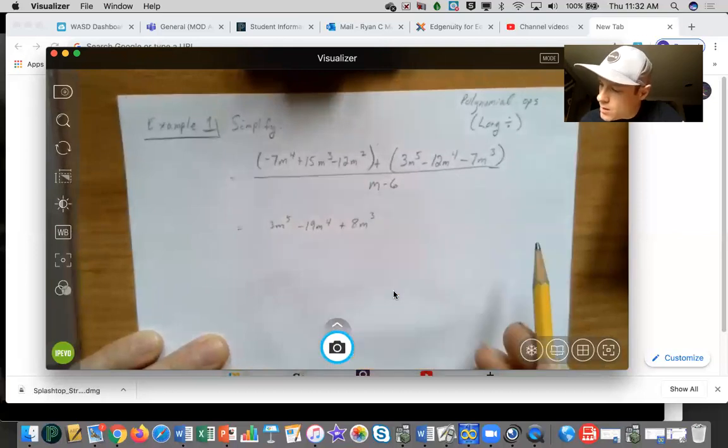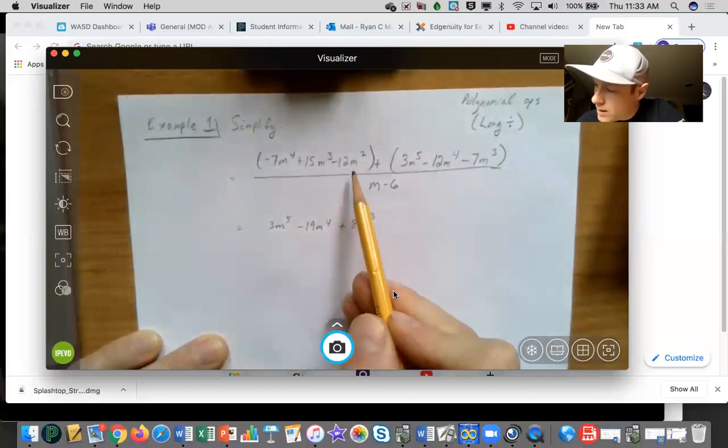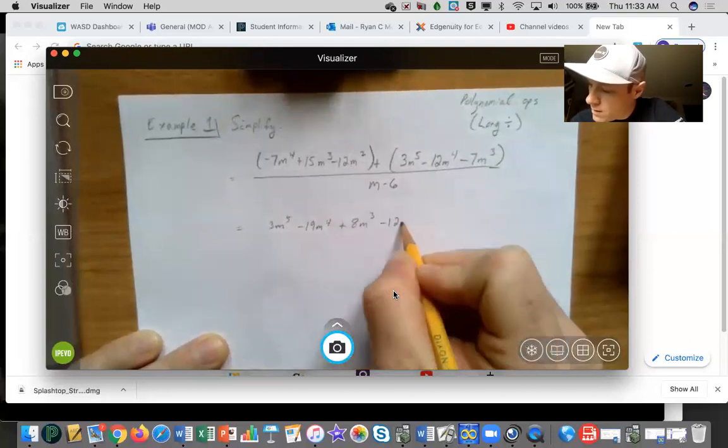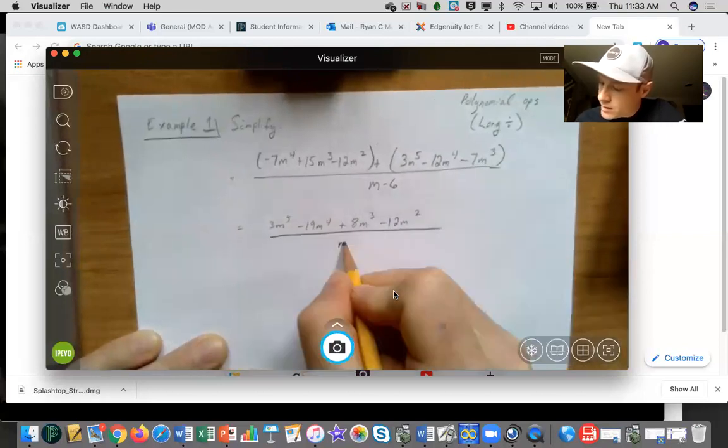And then last but not least, I have my negative 12m squared, and it doesn't have any like terms, so I'm just going to copy that down. And all of this is being divided by m minus 6.